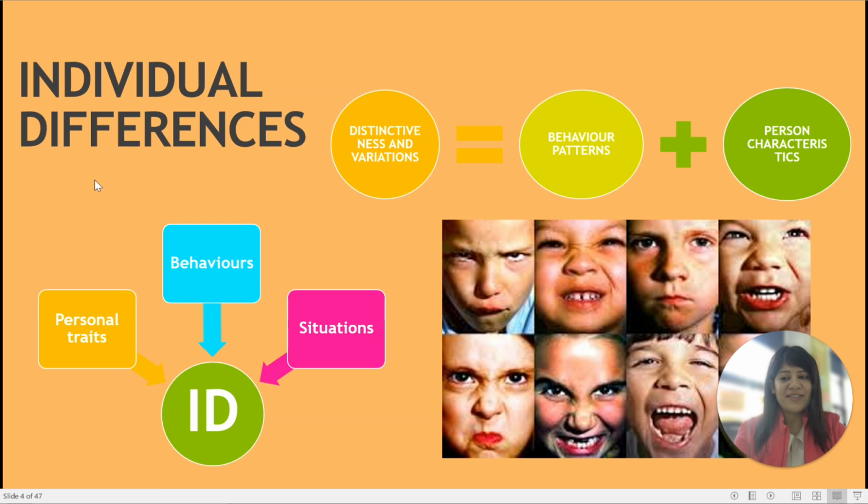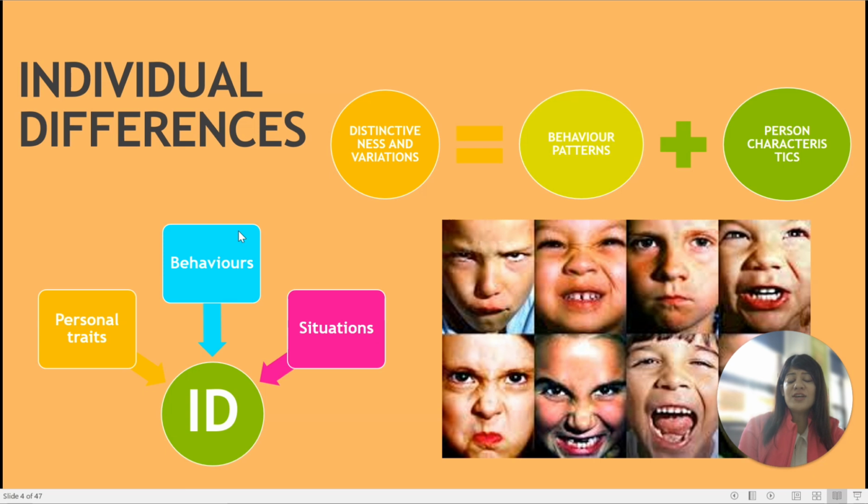Now that you're done thinking about it, we can understand the concept of individual differences. Two best friends who are so alike in their preferences, likes and interests yet experience very different realities. We can account for those realities through personal traits. Can I say that all of us are born with traits which are very unique to us? And of course, these traits emit behaviors.